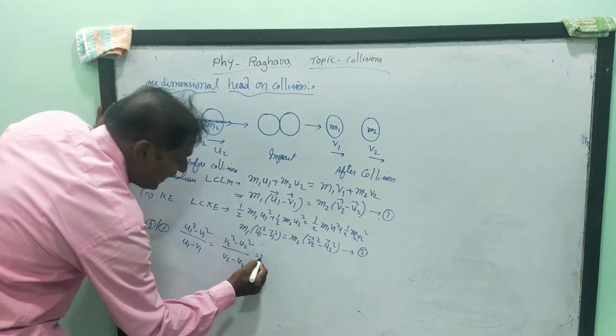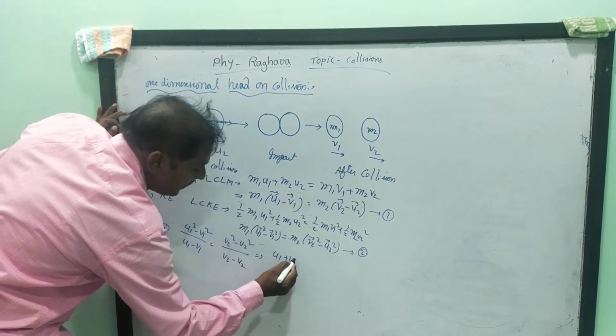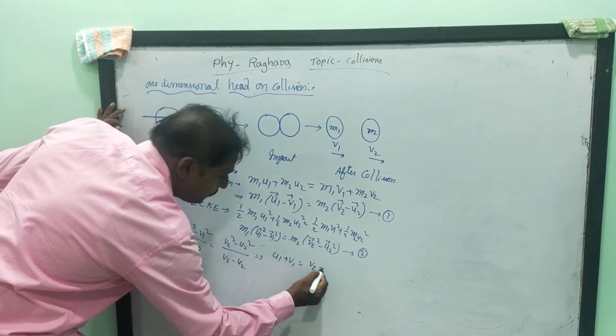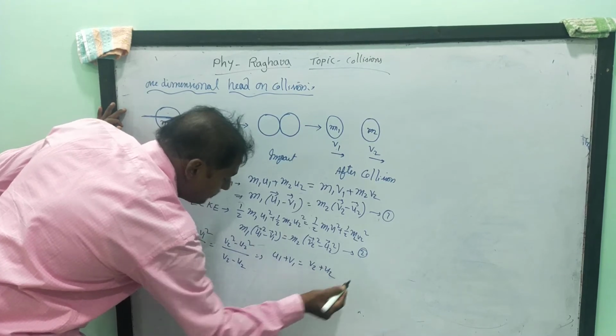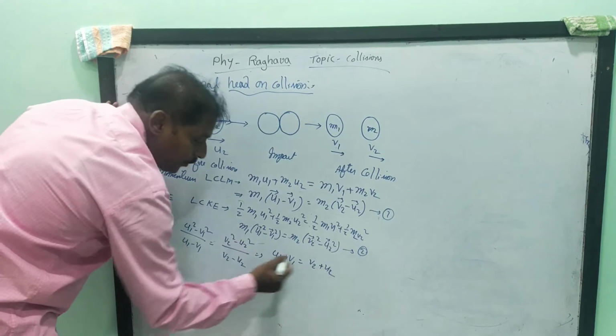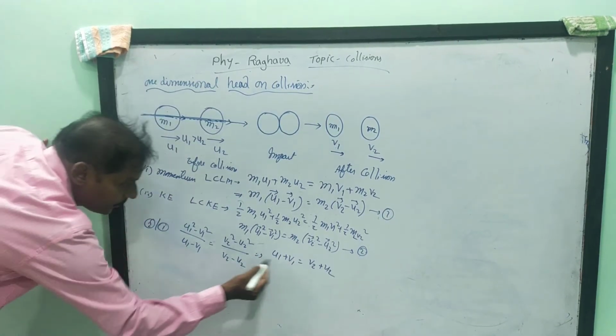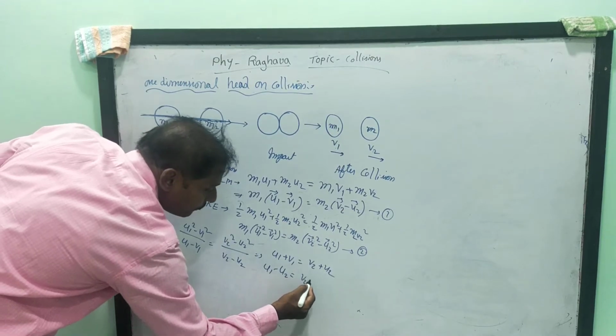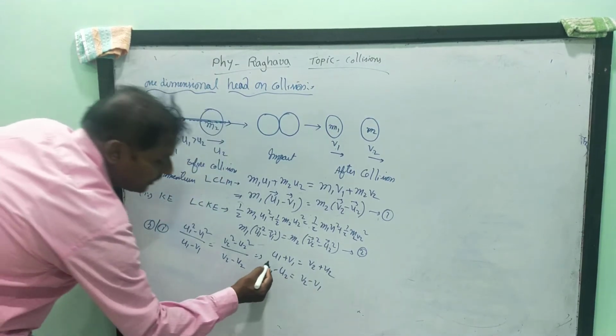So simply we can write u1 plus v1 is equal to v2 plus u2. From this we can write u1 minus u2 is equal to v2 minus v1.